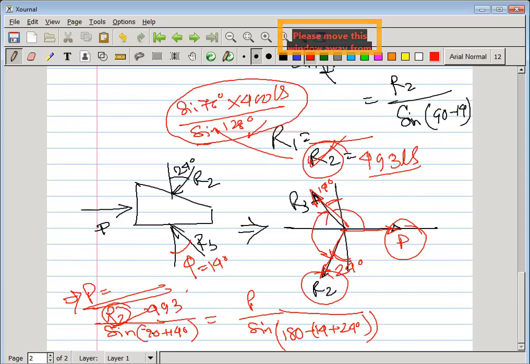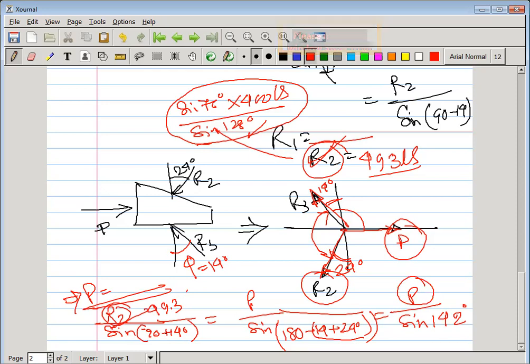So 493 divided by sine 90 plus 14, that is sine 104, and multiplied with sine 180 minus 14 plus 24, so this is sine 142. This is P by sine 142, and this is 493 divided by sine 104. Tell me how much the P is then? 493 divided by sine 104 into sine 142.